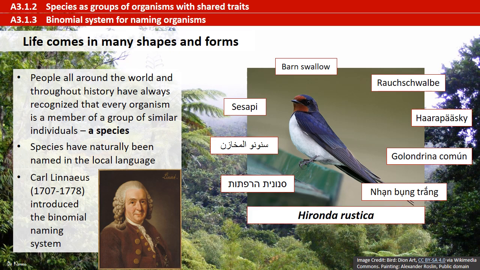This bird would be Hirundo rustica, and the first name, Hirundo, is the genus where this bird belongs. The second name, rustica, is the species, and there are always two names. That's why it's called the binomial naming system.